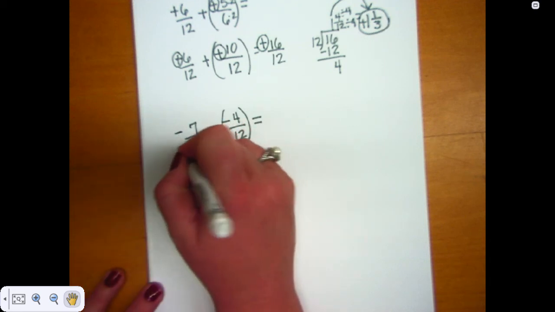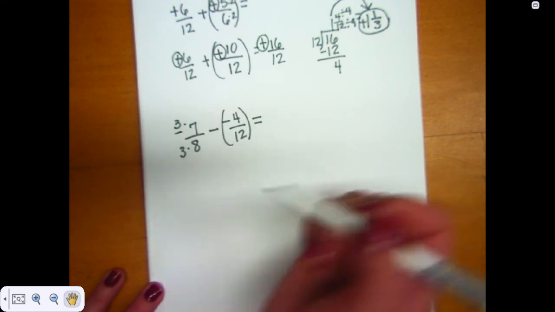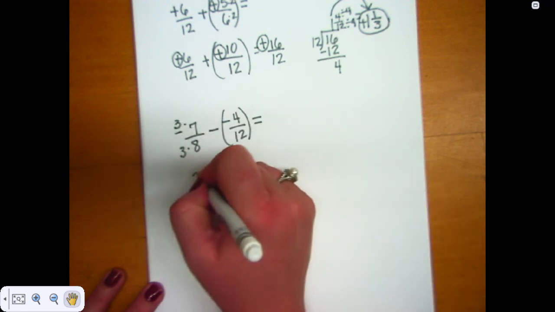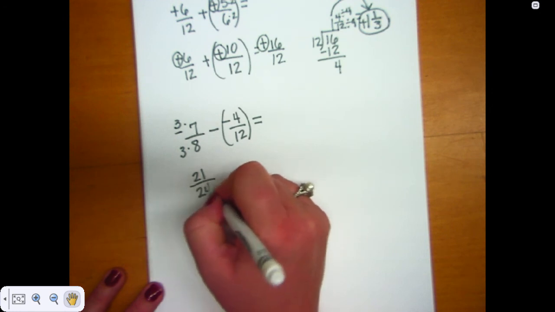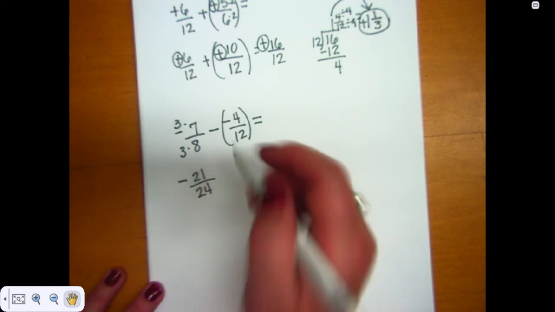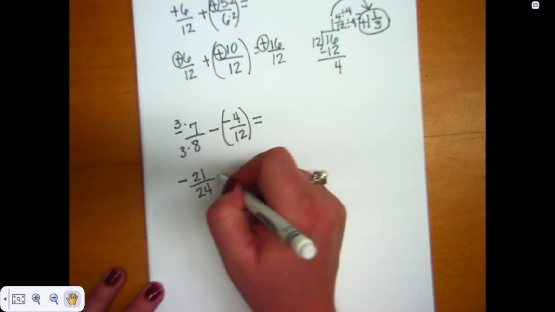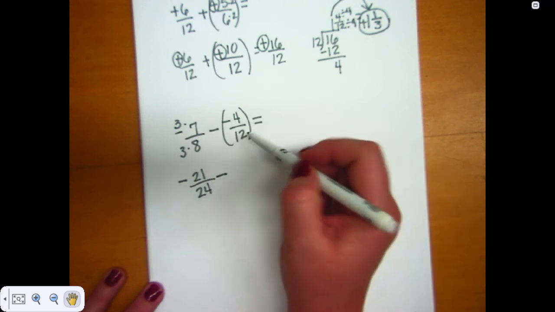So 8 times 3, and whatever I do to the bottom, I have to do to the top. 3 times 7 is 21. 3 times 8 is 24, and I keep my sign, it's negative. Bring this subtraction sign down. Now I need to convert this one.